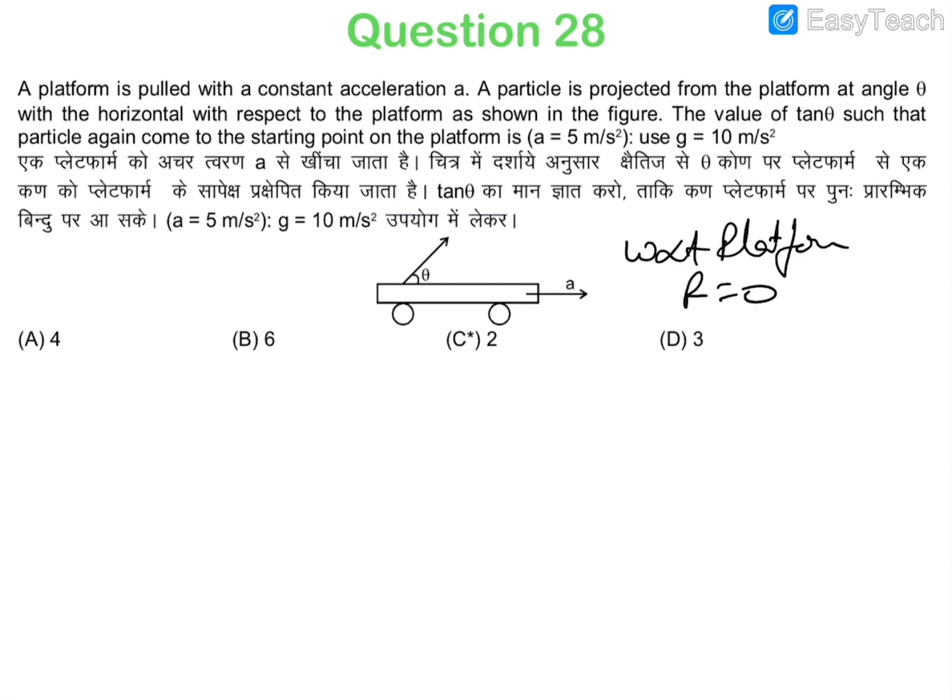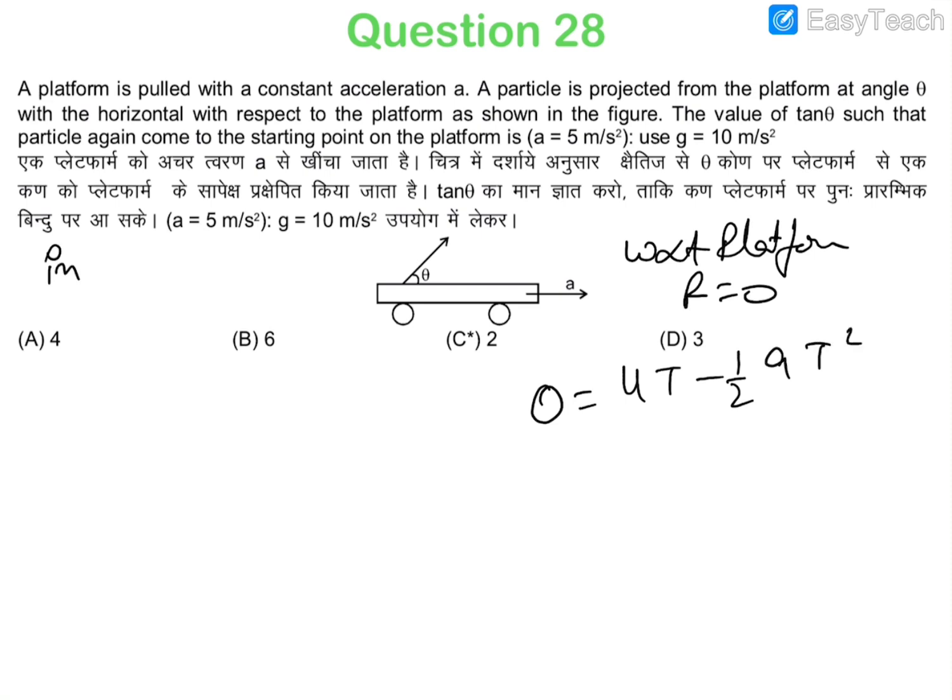Okay, and obviously we can say that if range is 0, then 0 is equal to u into t minus half a t square in the x direction.